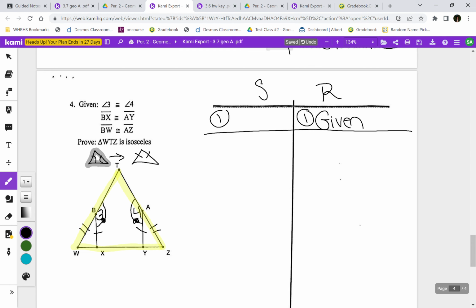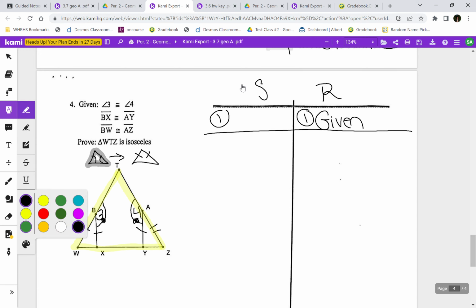That's usually the route we're going to have to take. Okay, with that said, we all agree at this point we cannot prove WT and ZT congruent. So we have to prove triangles congruent regardless. Does anybody see a pair of triangles that we can get congruent?